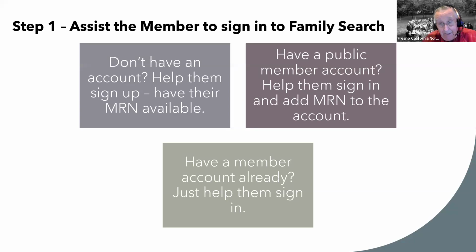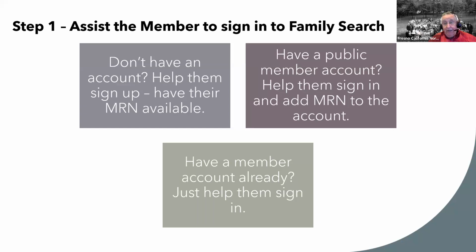Now, it's also possible as a second option that they have an account, but it's not a member account. It's a public account. It was set up with them maybe by a consultant or somebody at the center or the missionaries, before they were baptized, and they have this account, but it doesn't allow them to do temple work.